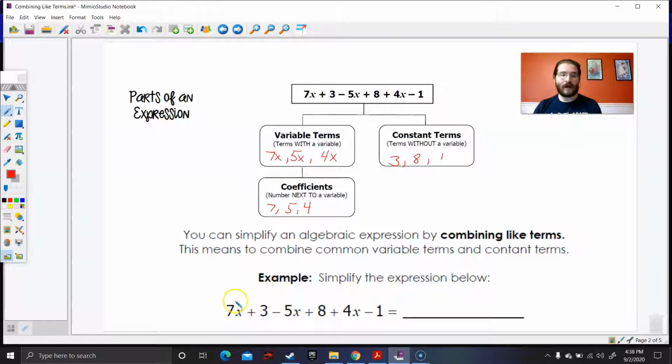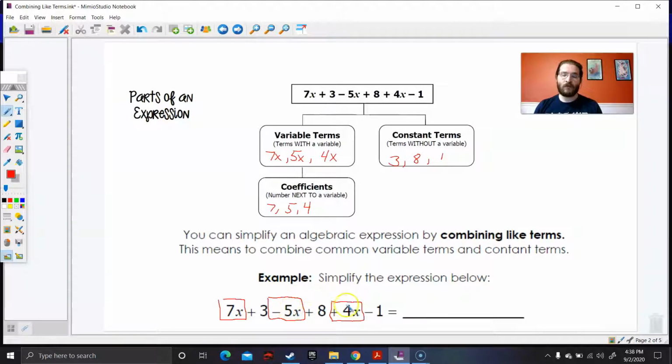So what I like to do when I'm doing this, I like to put a box around the terms. All right. And notice how I'm keeping that little minus sign, because it's going to tell us our operation, what we need to do when we combine them, right? So for our x, we do 7 minus 5, we get 2.